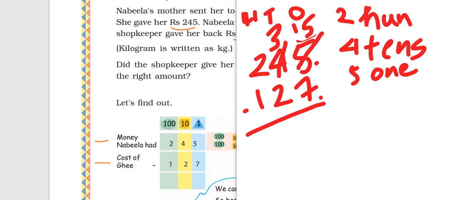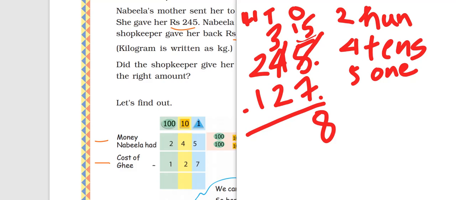Right? So we have 15 in the ones place. Now subtract 7 from it. Right? You count up from 7 to 15. 8, 9, 10, 11, 12, 13, 14, 15. That gives me 8. Now in the tens place, we had 4 tens. We gave away 1 ten, which means we are left with 3 tens.